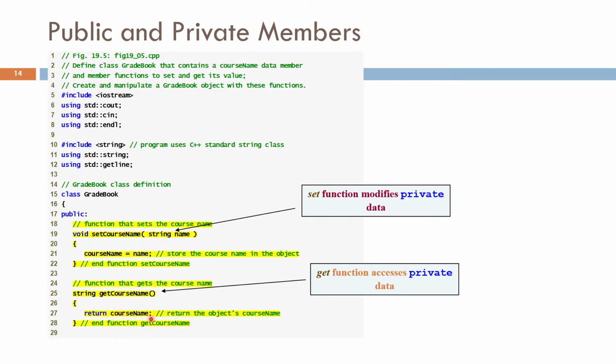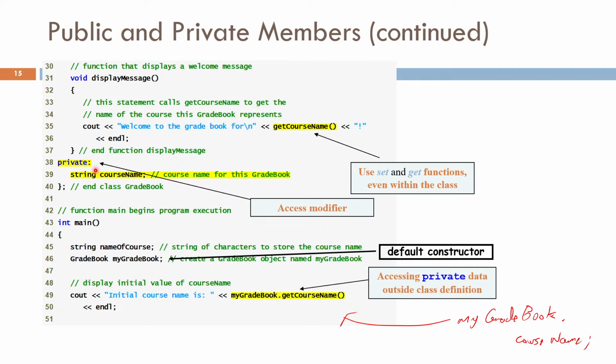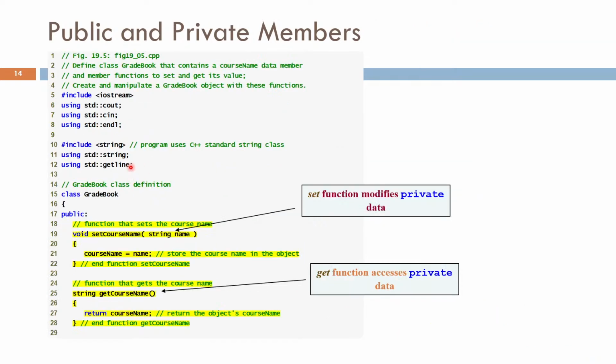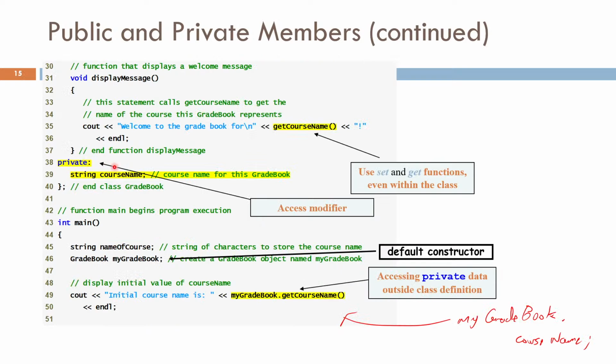Return course name here, because course name is a private access specifier, it's still within the class. So any functions within the class can access these private member variables, but anything outside of the class cannot access it. So that's why you need to use those get functions and those set functions.